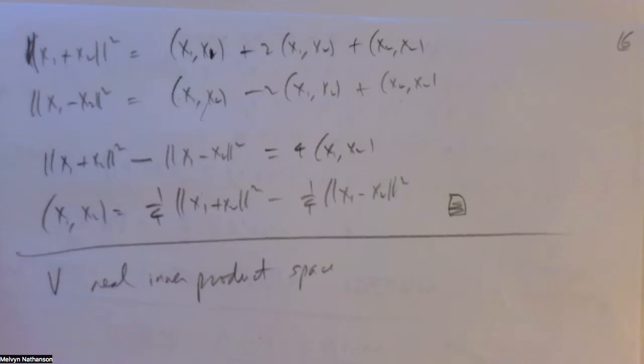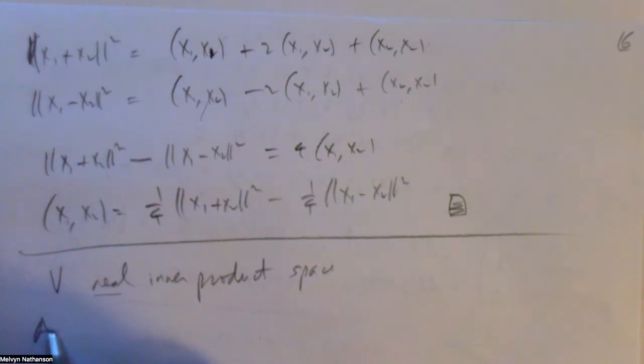The definition of an inner product over the complex numbers is a little different, and we're not going to deal with that in the summer school class. So all vector spaces are real. That means vector spaces over the field of real numbers.